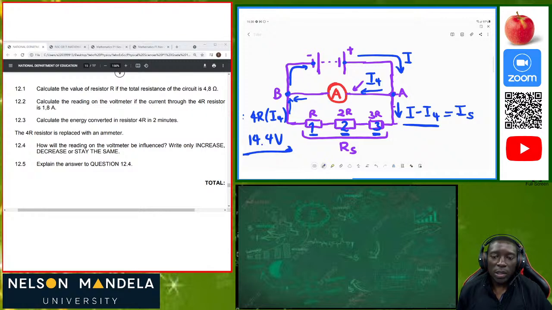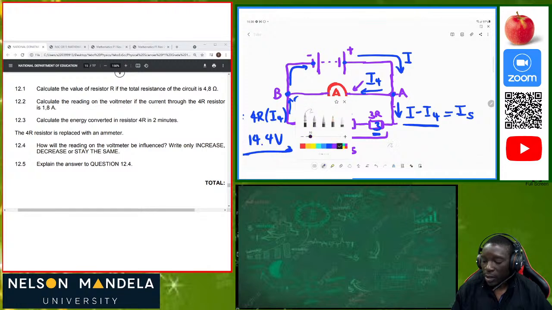So taking note of the fact that the current meter, the ammeter, is a device or an instrument of very, very low or little resistance, it means introducing it into this branch between A and B is introducing a very small resistance or an easier path for the current to flow.